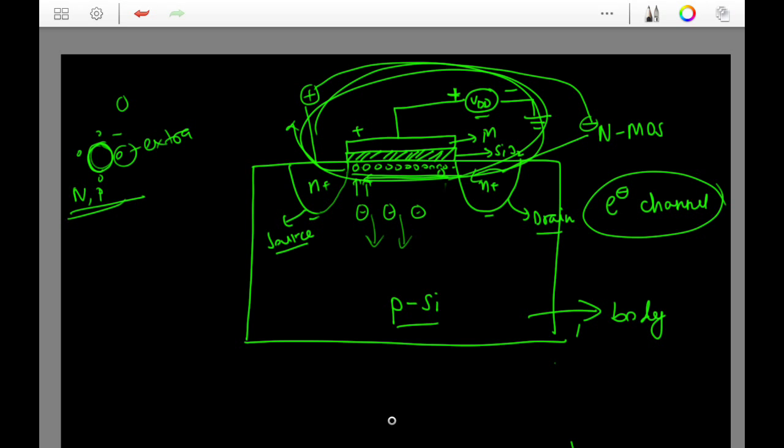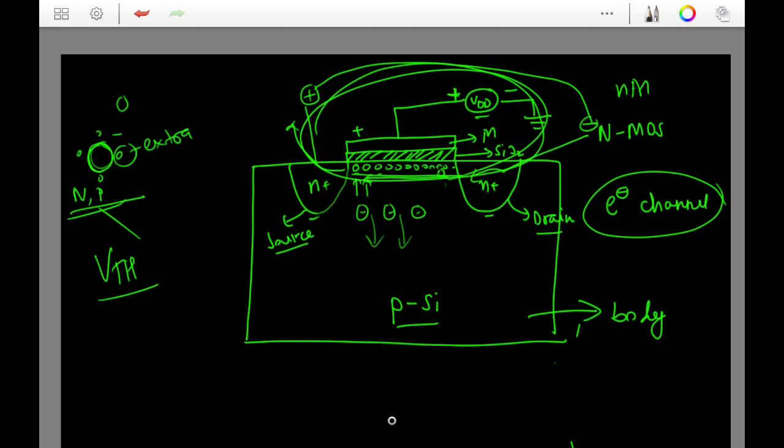When you increase VDD enough, to a particular voltage value, let's call that value VTH, the field is so strong that it starts attracting the electrons towards the oxide layer, which forms a very thin channel, on the order of nanometers. This channel is what makes the MOS capable of conducting any current.